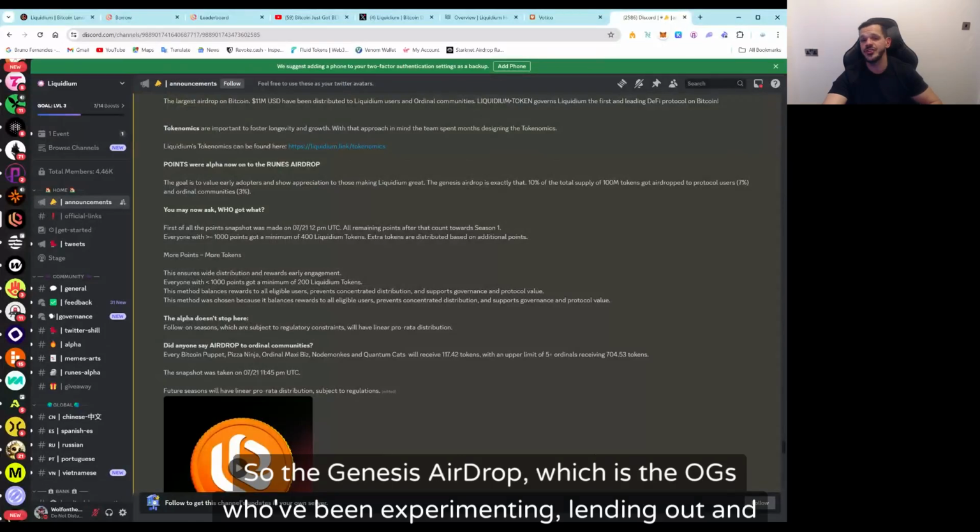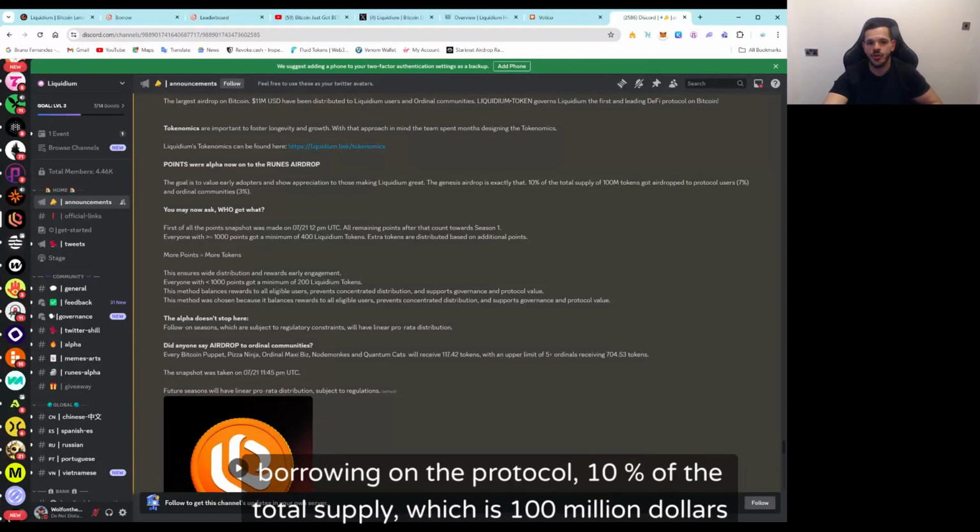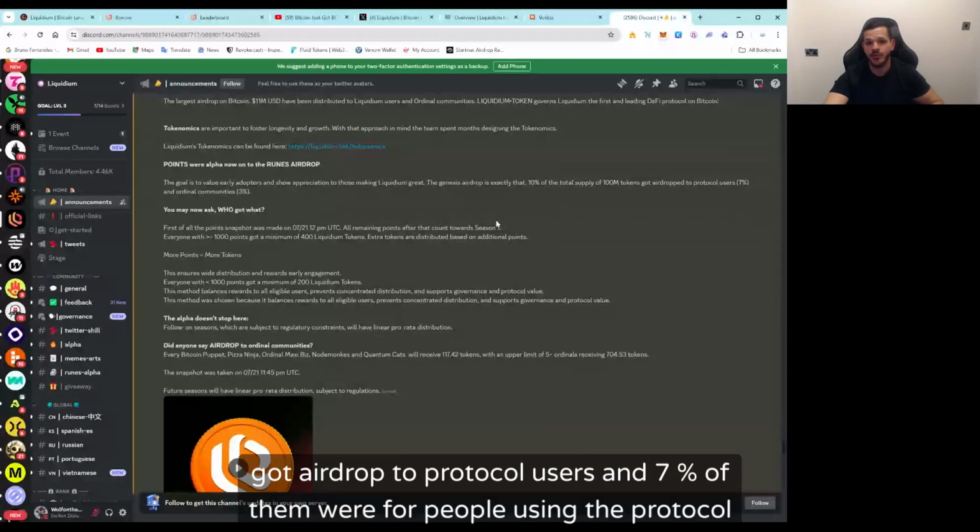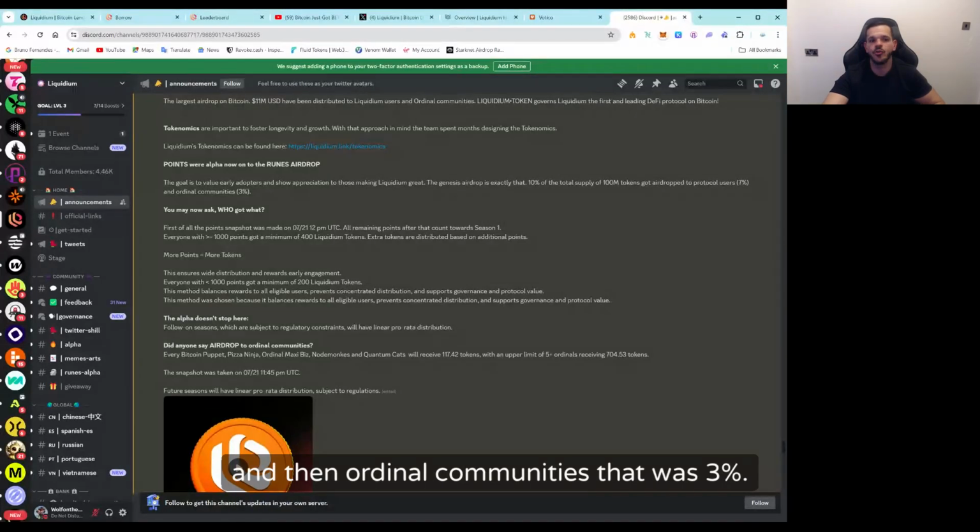So the Genesis airdrop, which is the OGs who've been experimenting, lending out and borrowing on the protocol, 10% of the total supply, which is 100 million tokens worth, got airdropped to protocol users, and 7% of them were for people using the protocol, and then ordinal communities, that was 3%.